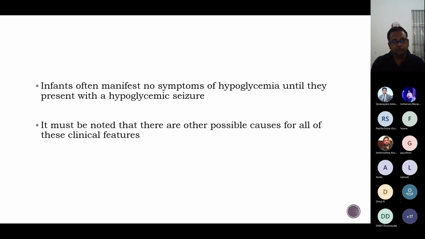Sometimes infants will not manifest any symptoms, and all of a sudden they can have a hypoglycemic seizure. As I mentioned earlier, all the clinical features we discussed could be due to other causes, right?